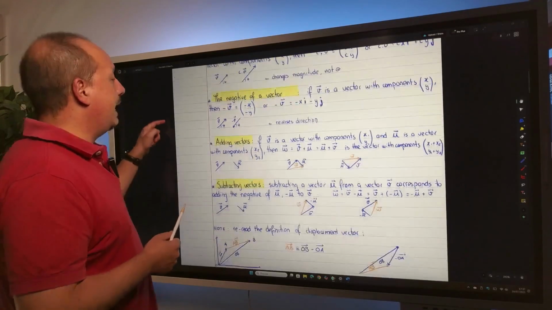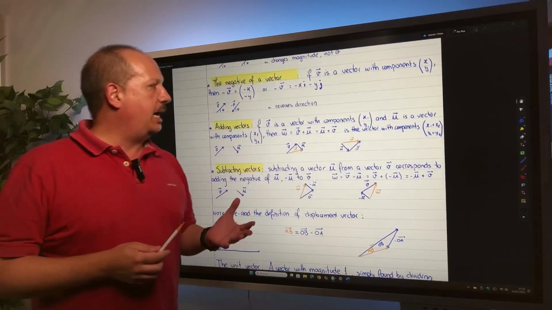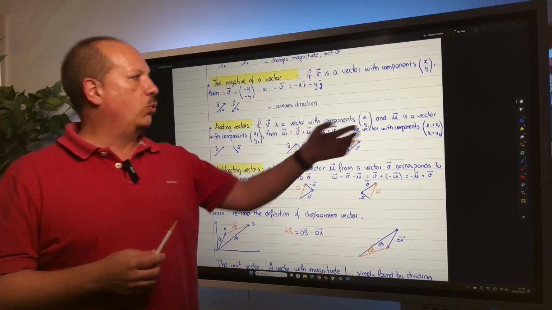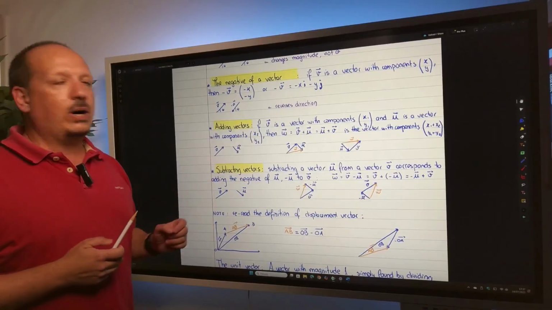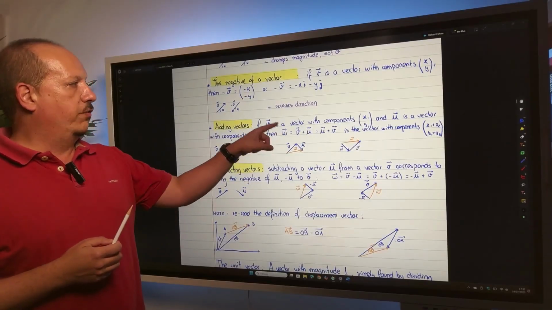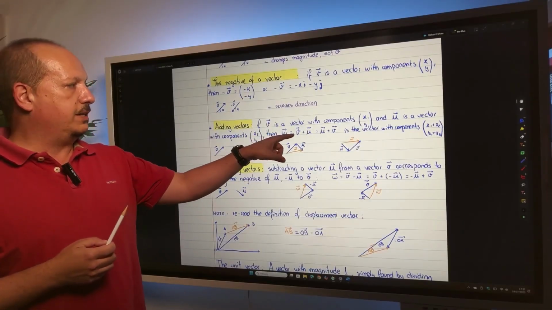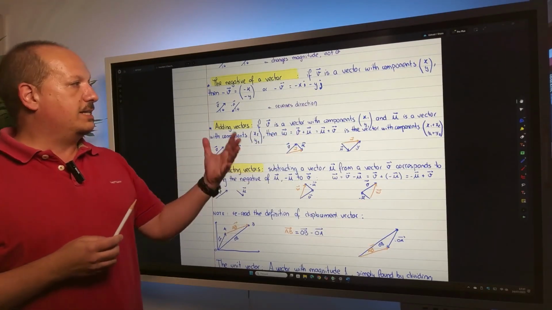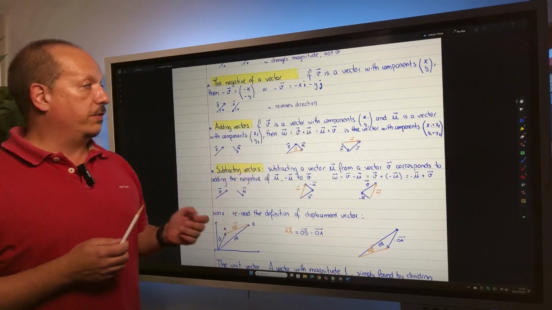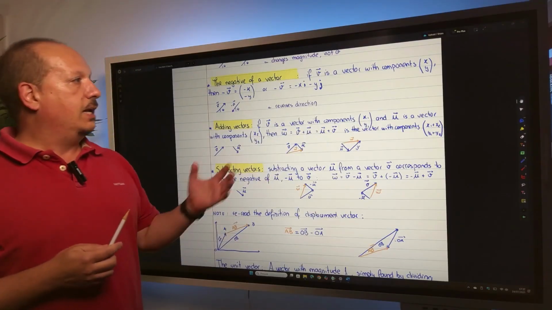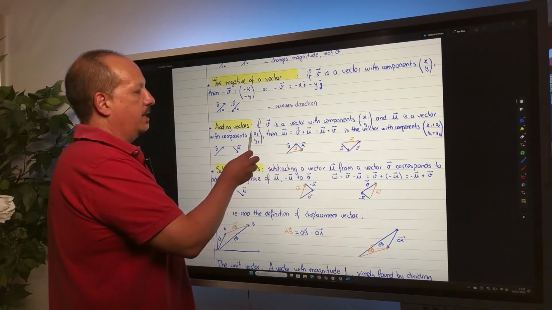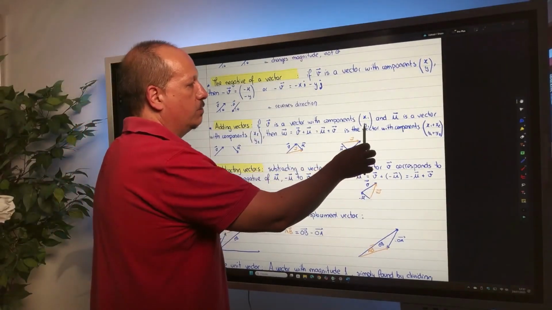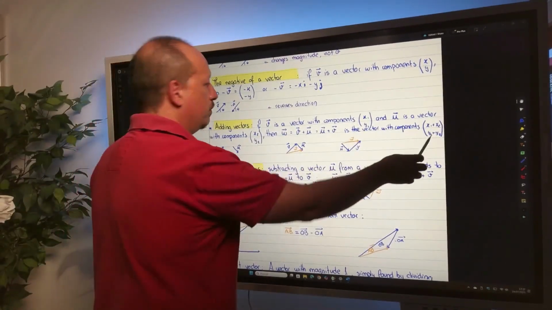What if you want to add vectors? Let's say that you have a vector v with components x1, y1, and a vector u with components x2, y2. Then the overall vector w, which is v plus u, is the same as u plus v. It doesn't matter the order when you are adding vectors. The components are going to be x1 plus x2, and the y components y1 plus y2, as you can see there.